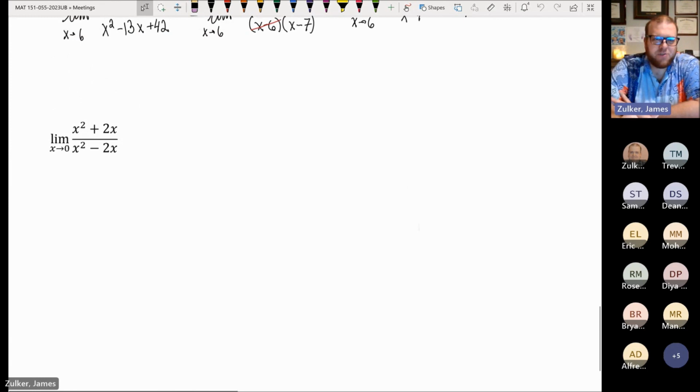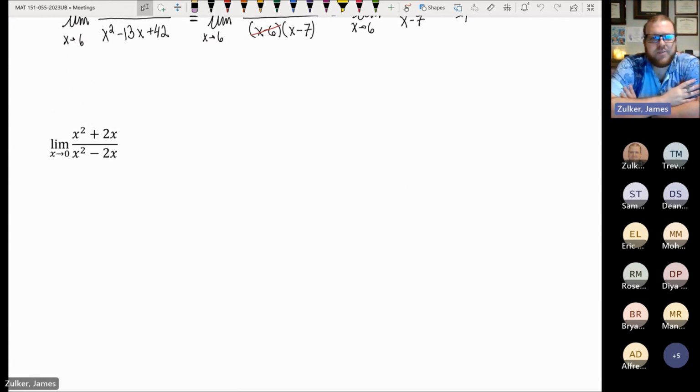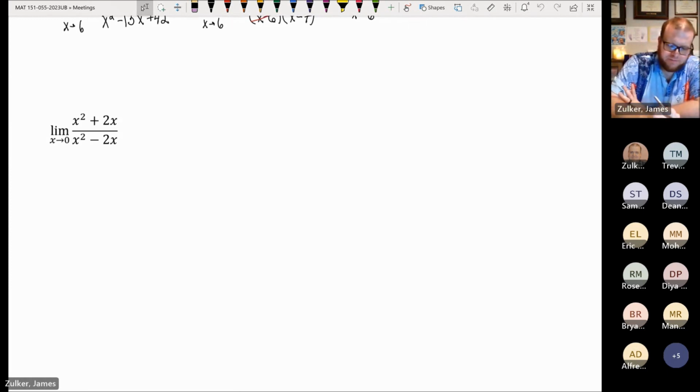So if we try direct substitution here, notice you're going to get 0 over 0 again. So let's try some algebra. We can factor an x out of the numerator. We can factor an x out of the denominator.